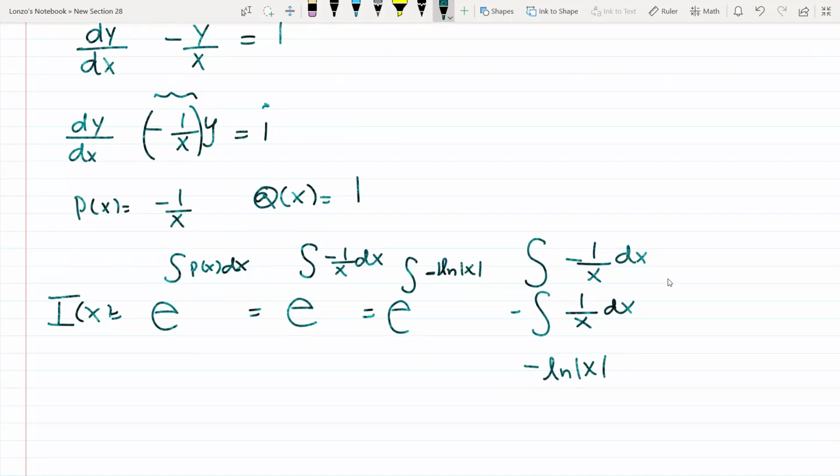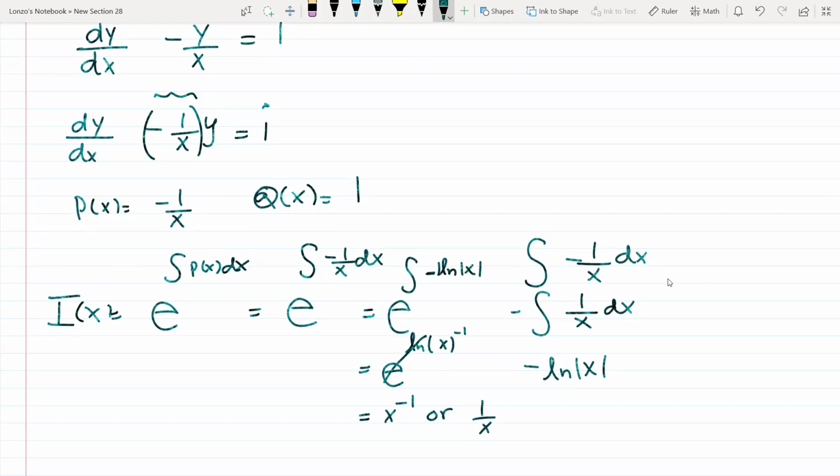You can rewrite that as a power, so this could be expressed as e to the ln of x to the negative 1. You don't have to put the absolute value. Then you see that the e and the ln cancel, so you're just left with x to the negative 1, or you can say 1 over x. That's the same thing.